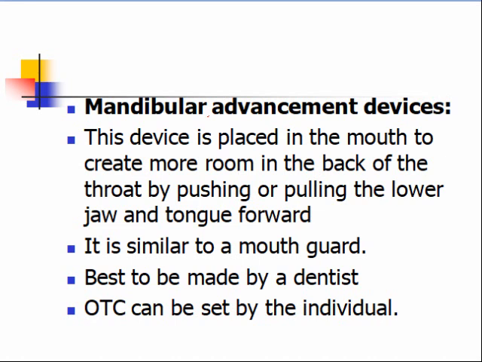However, you can find some over-the-counter units that you put in your mouth and set for yourself. The effectiveness is questionable. It may work for you. It may not work. But if you really want a mandibular advancement device, go see your dentist.